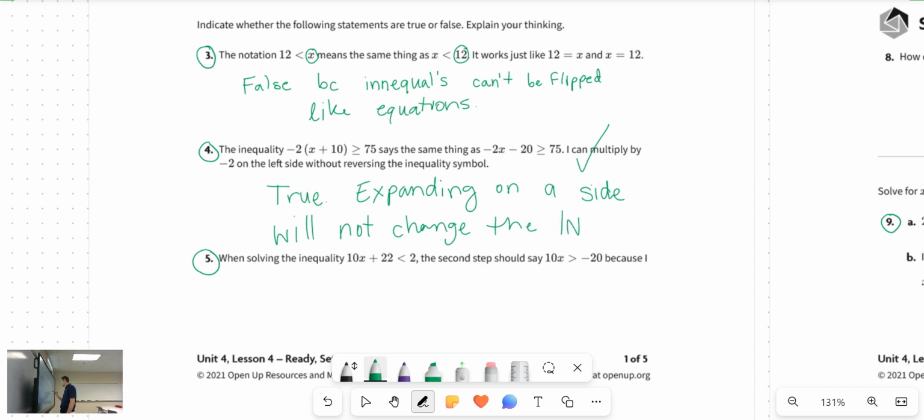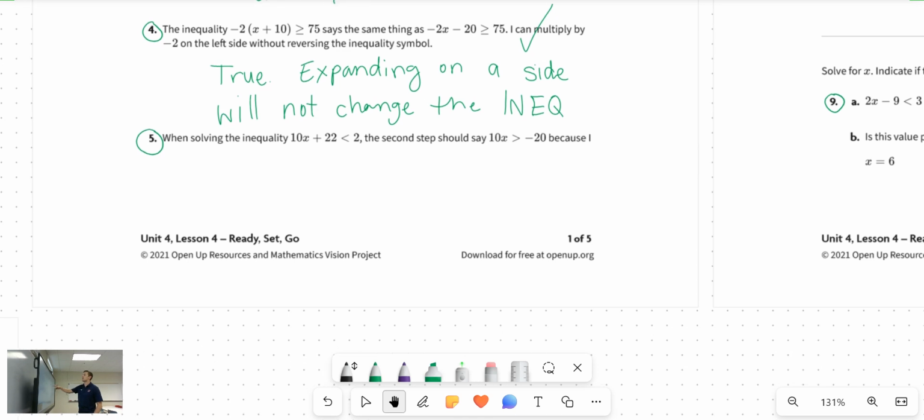And I'm going to call this inequalities, spelled like this. So that works.